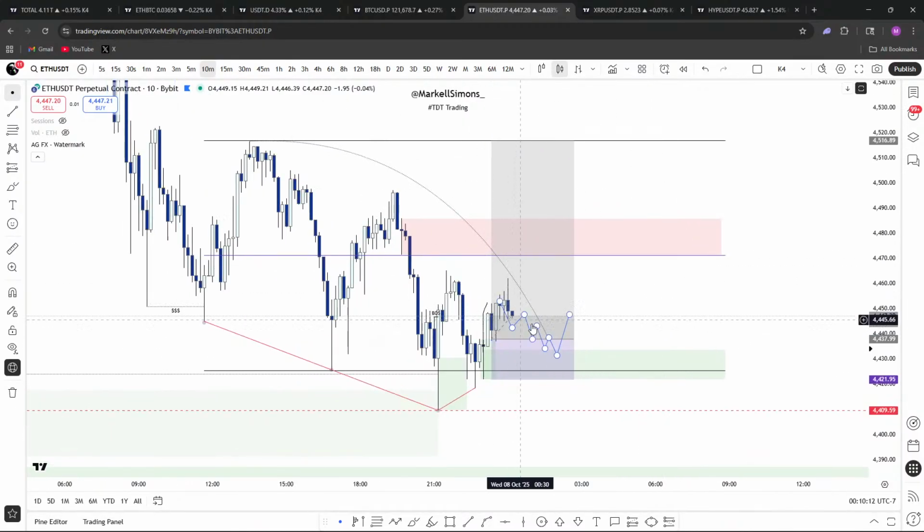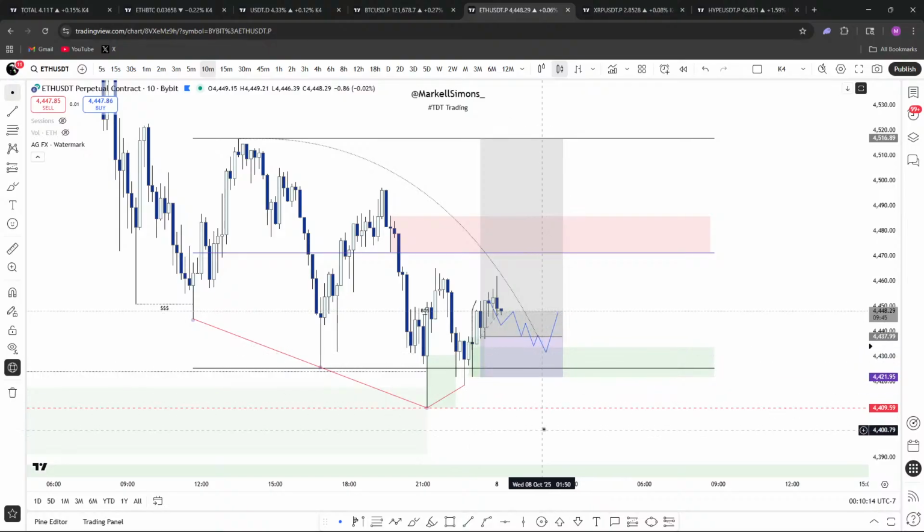And right now, it could look better. This will be the better entry, right? The more disciplined, patient, high probability entry. But at the same time, this is a nice low, so you could have entered seeing that low form and potentially already have your stop loss moved to break even.